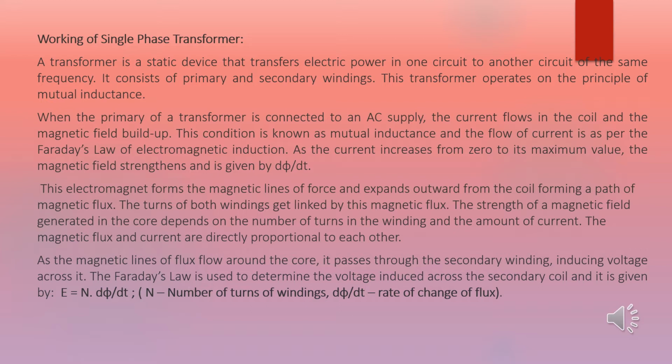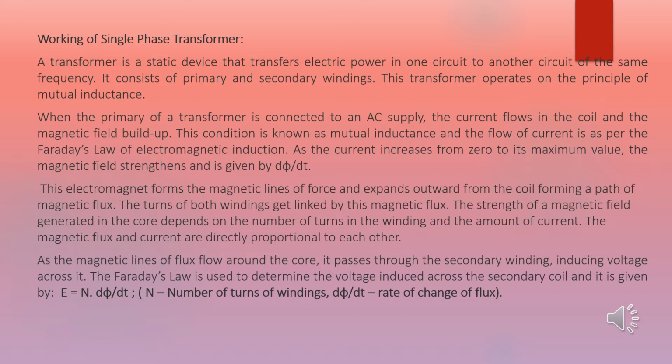As the current increases from 0 to maximum value, the magnetic field strength will change. The change in magnetic field is given by d phi by dt, which is the rate of change of flux. This electromagnet forms the magnetic lines of force. These expand towards the coil, forming a path of magnetic flux.